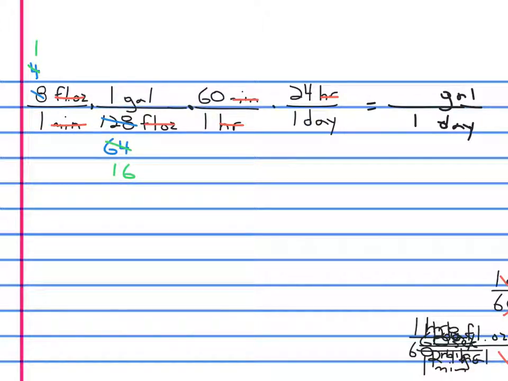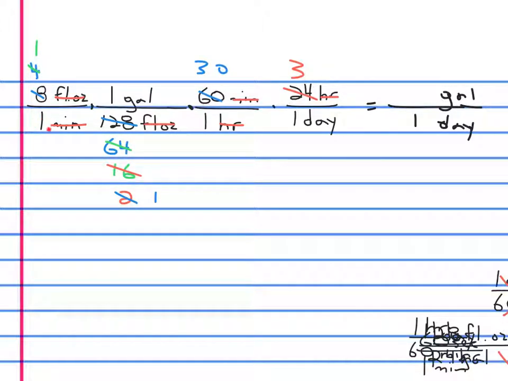Okay? What else can we do? Well, we still got the 16 on the bottom, so let's cancel the 16 and the 24. 16 and 24 are both multiples of 8, so if we cancel this 16 and this 24 by 8, you'd get a 2 here and a 3 here. We've still got this 2 on the bottom, and I'm going to cancel that by dividing that by 2. That's 1. Dividing this by 2, that is 30.